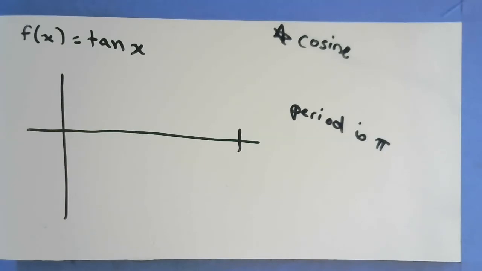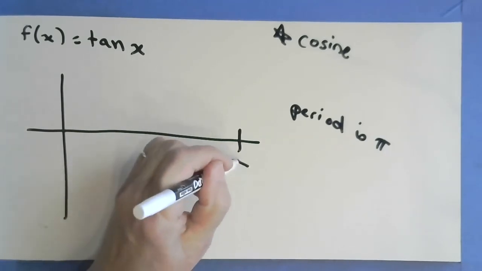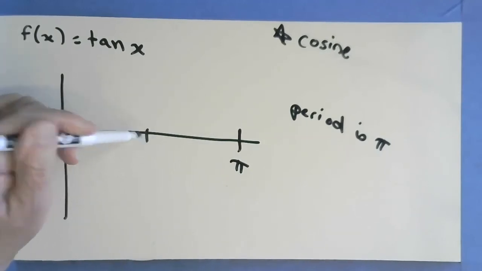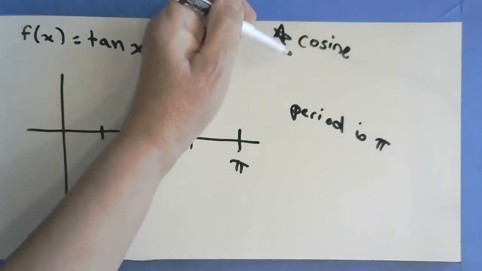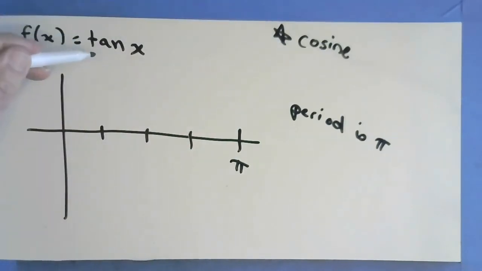For tangent, it also has a period of pi. We still need our 5 key points, but like cotangent, it only goes to pi instead of 2 pi. And we have to keep in mind that cosine is in the denominator for tangent.